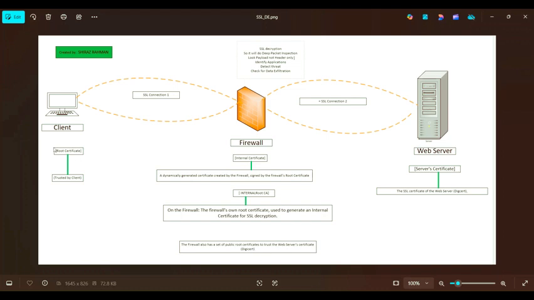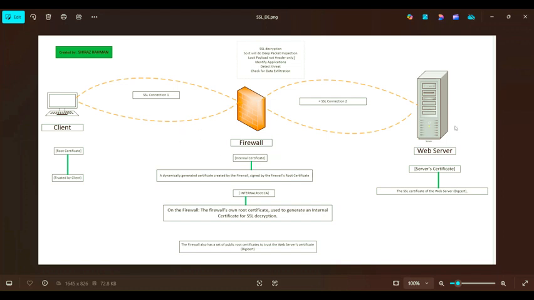The client has the internal root certificate, so that if the firewall sends an internal certificate signed by itself, the client can trust it and establish an SSL connection. If that root certificate is not present in the client, an SSL connection will never be established. So all clients should have the internal root certificate, which is owned by the firewall. That is the whole story.